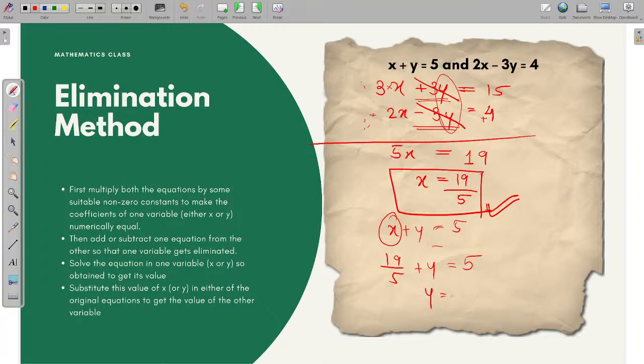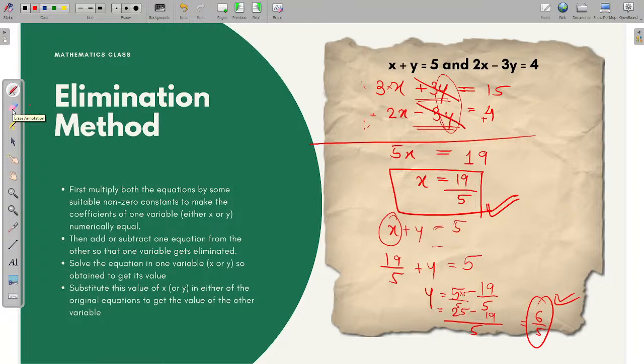So y is equal to 5 minus 19 by 5. To match the LCM I'll multiply this with 5 and divide it by 5. So it will be 25 minus 19 by 5, and that is equal to 6 by 5. Got it? Clear? Good.